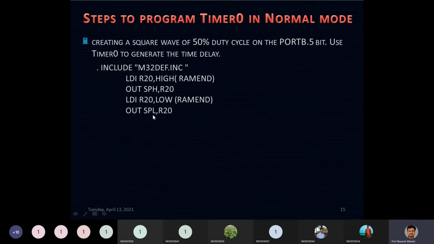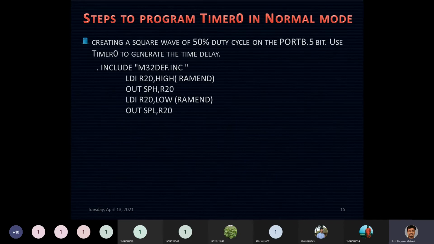SPH and SPL are the stack pointer registers. Combining these, they form the stack pointer: the high byte and the low byte of the stack pointer address. So these 4 lines will help you initialize your stack. The stack pointer will be loaded with the highest memory location of RAM end.